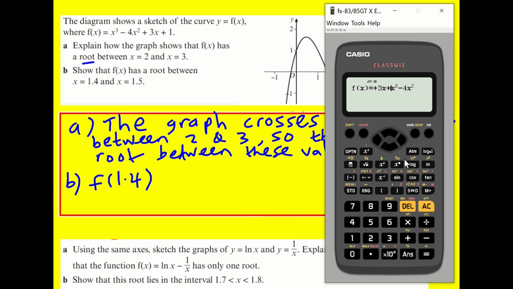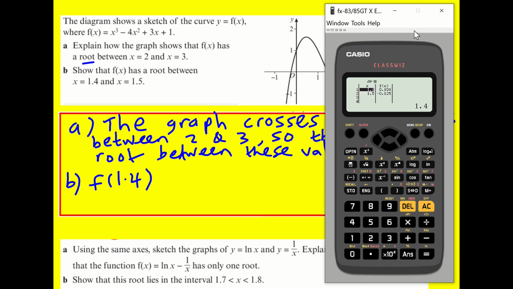Okay, and then I'm going to start at 1.4, end at 1.5, go up in steps of 0.1, and it will find both values for me straight away.